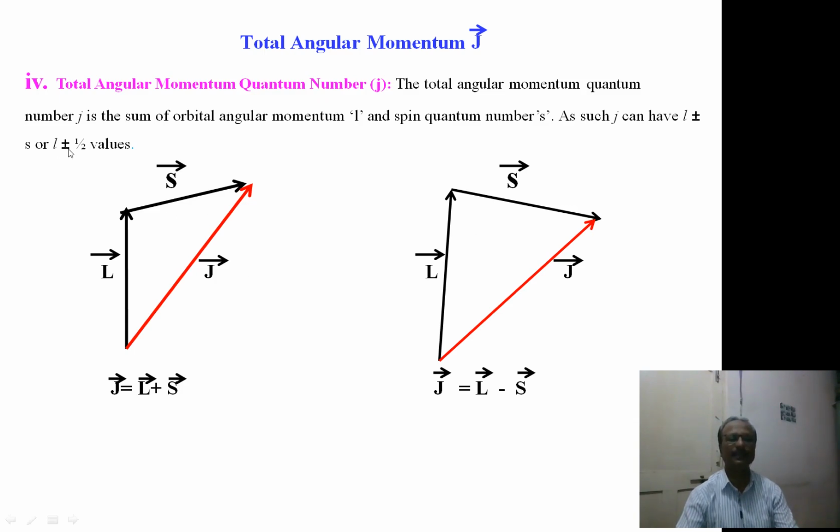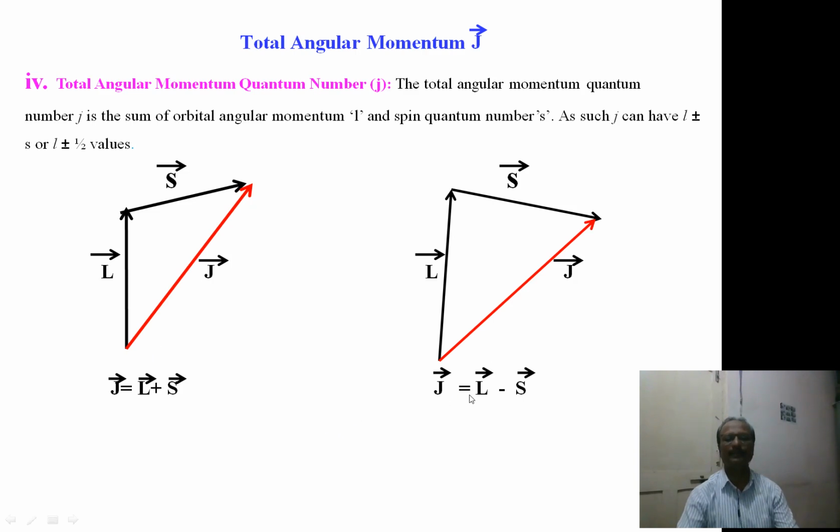If s equals plus half, then this is the orbital angular momentum vector L and the spin angular momentum vector S. According to the triangle law of vector addition, the total angular momentum vector J is formed, and this is for s equals minus half.